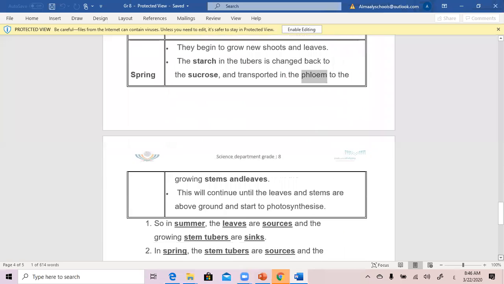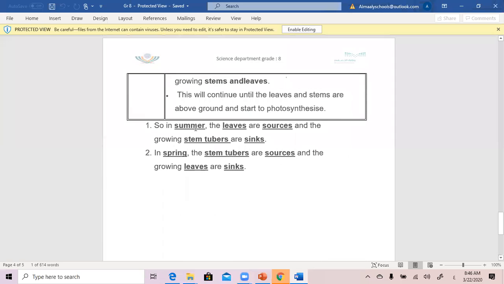So in the summer, the leaves are sources, but the growing stem tubers are sinks. In the spring, the stem tubers are sources, and the growing leaves are sinks.